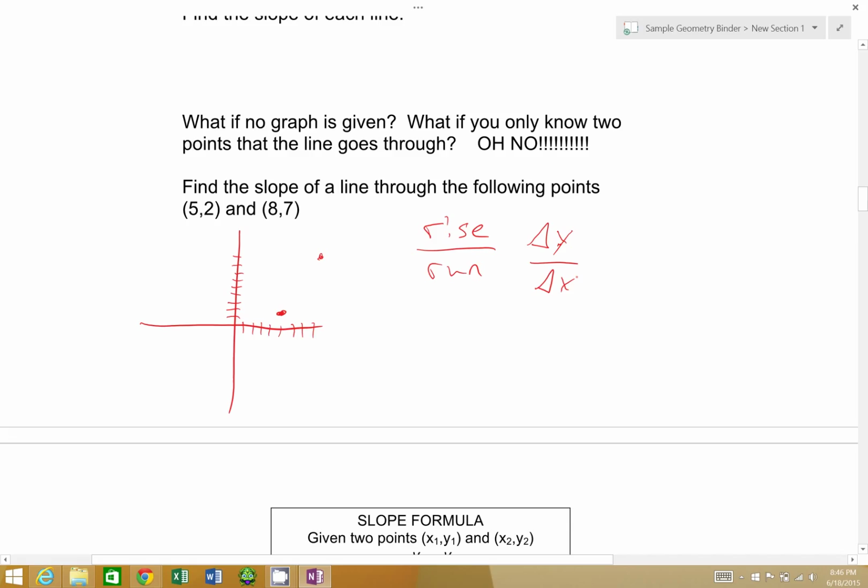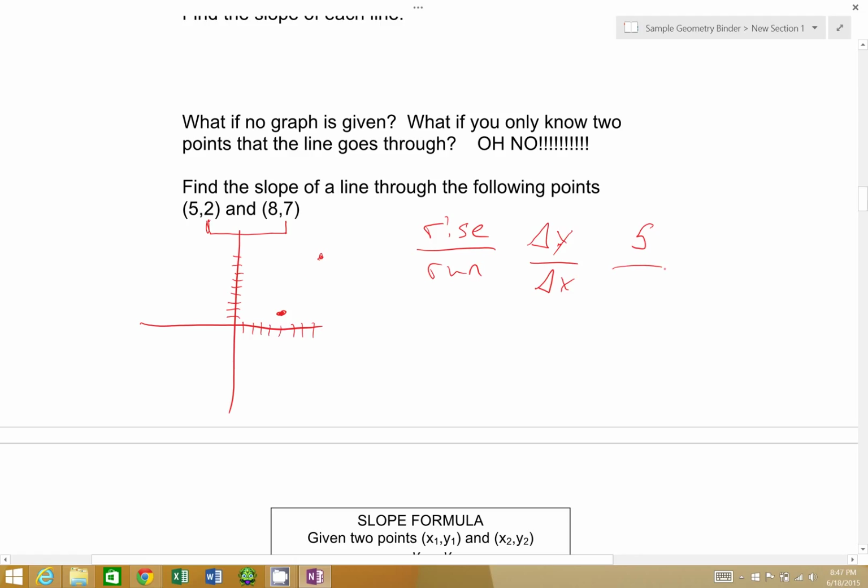You're going to see it all the time in both math, chemistry, physics, all of the above. So how much is my y value changing first? Let's do change in y, since it's the numerator. Well, it's going from 2 over to 7, which means I have a change in 5.